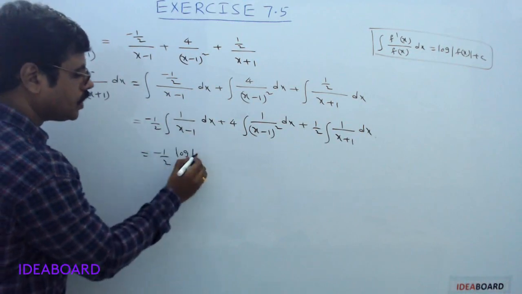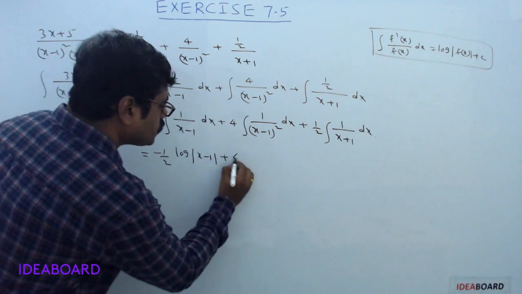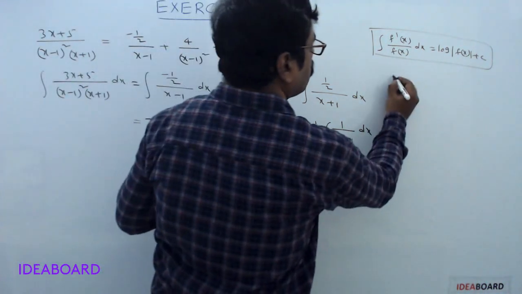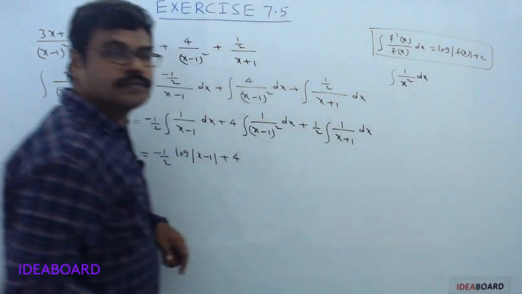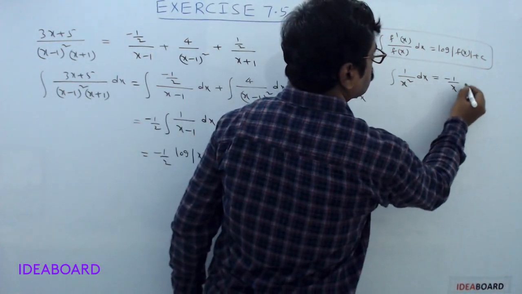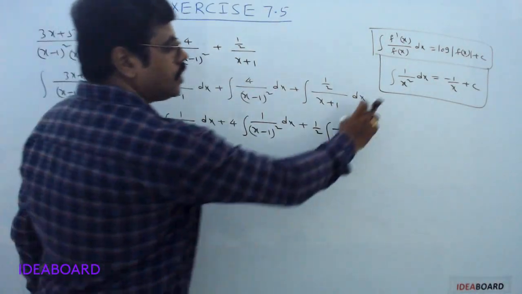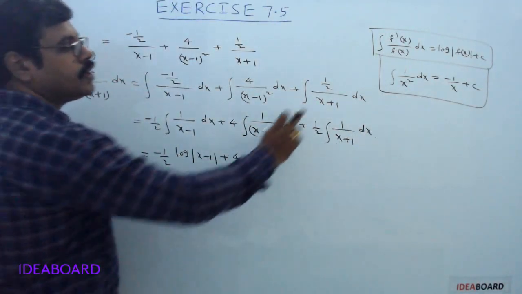Log mod denominator. So log mod x minus 1, plus 4 into, this term is of the form integral 1 by x square dx. Integral 1 by x square dx is minus 1 by x plus a constant c. Here, in place of x, x minus 1 will be there.